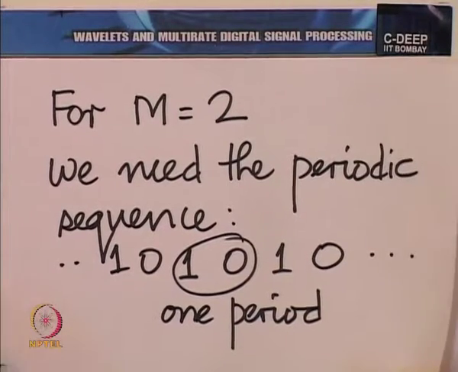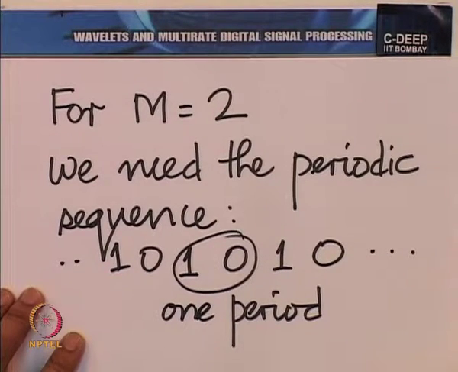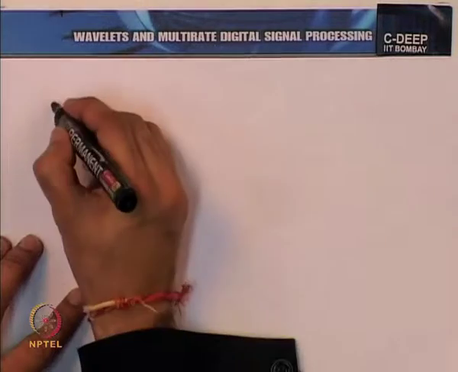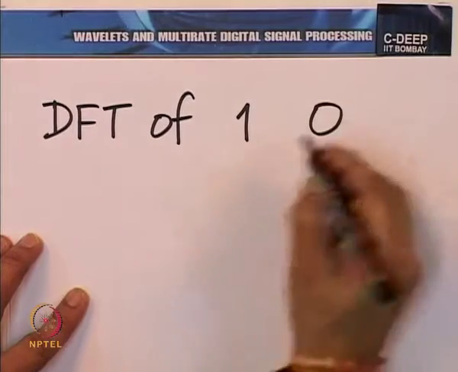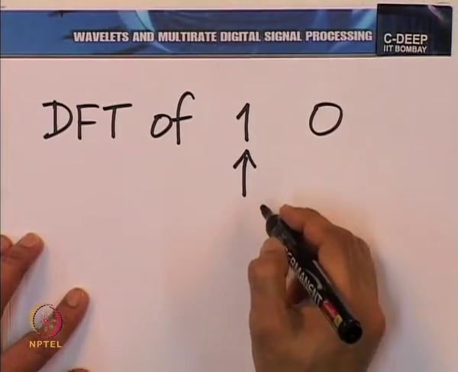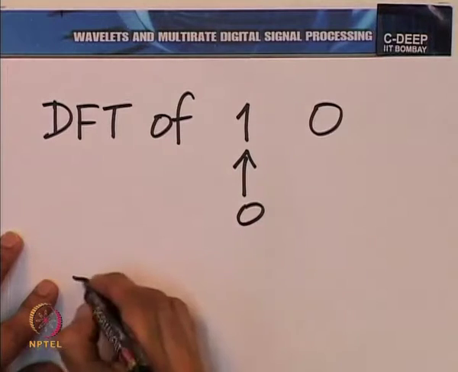And we construct the discrete Fourier transform of this. That is easy.